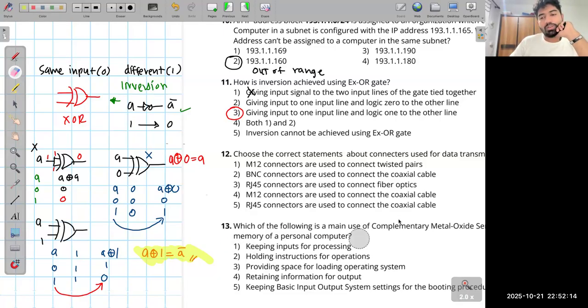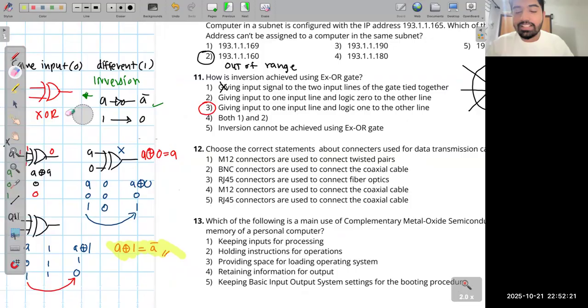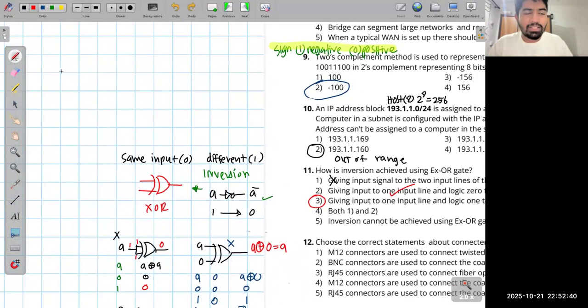Anyone else? Questions, doubts? Sir, I didn't understand the second and third. Okay, second and third, what it says. Second one: giving input to one input line and the logic 0 to the other line. What is the meaning of that?